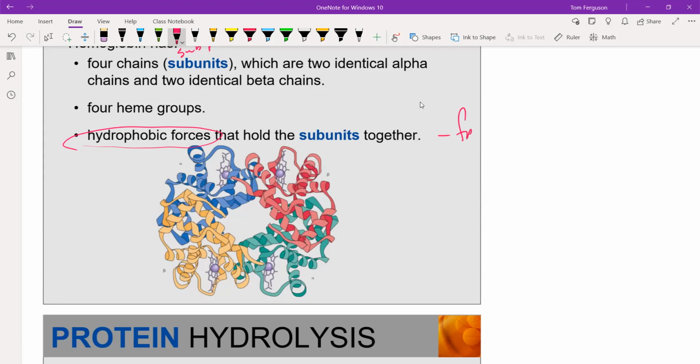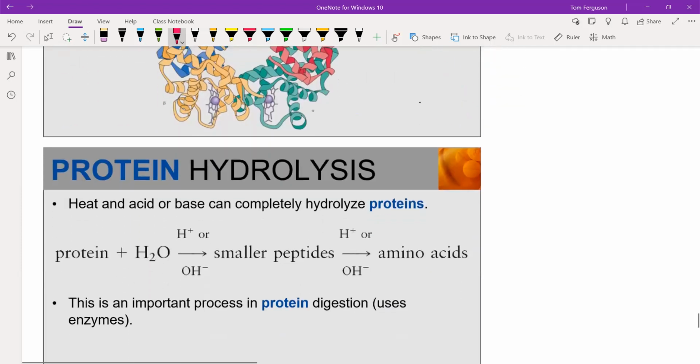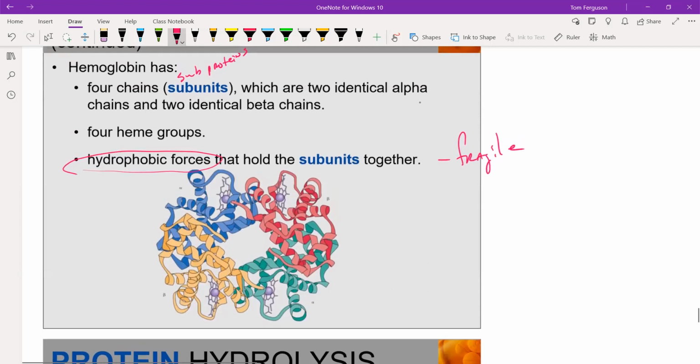That means it's fragile. Remember, that's the weakest type of bond, the hydrophobic forces. So this unit is very fragile. And then there is an iron prosthetic group in the middle here. So those all form the hemoglobin.